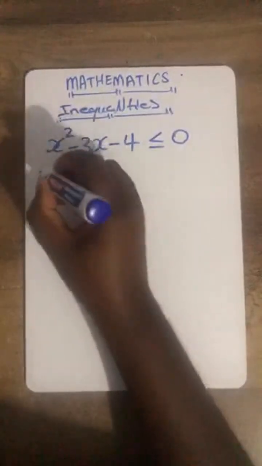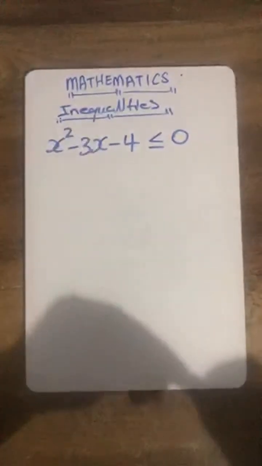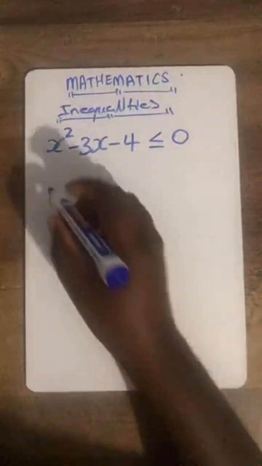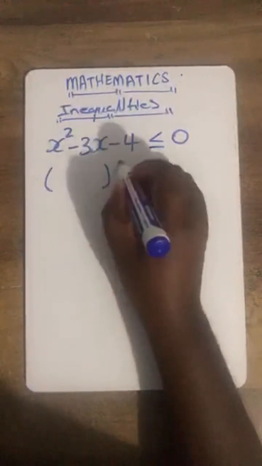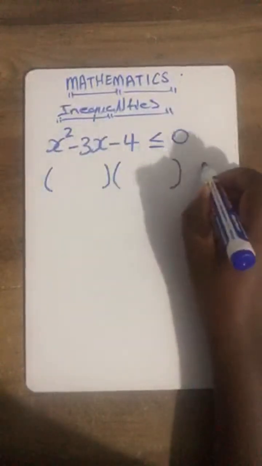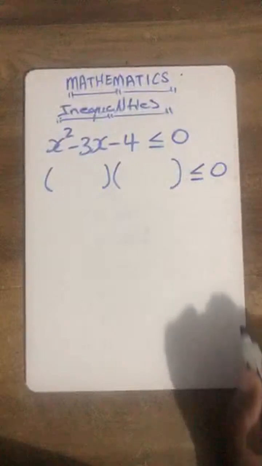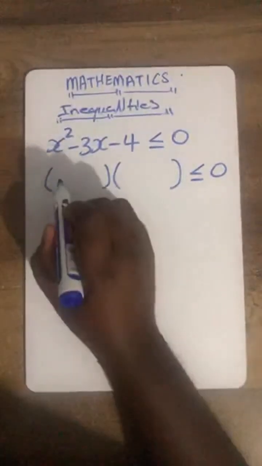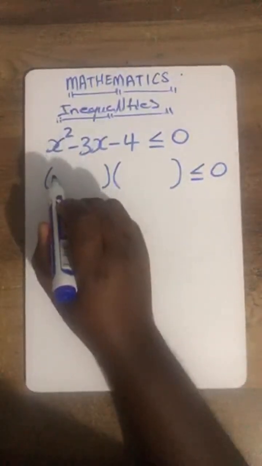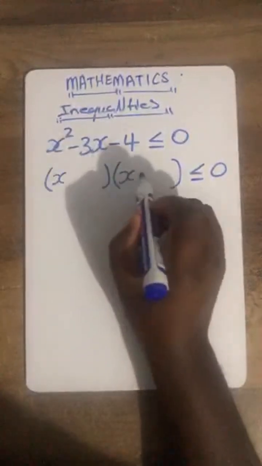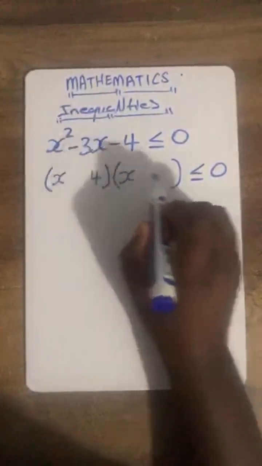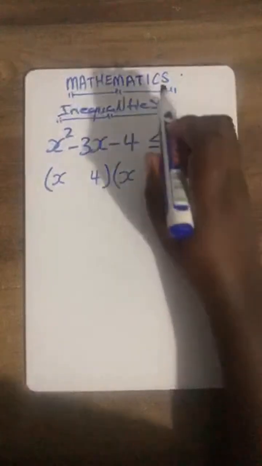So let's try to factorize that. It seems like I took the wrong marker there. So to factorize, remember you are still having less or equal to there. You therefore have your x and your x. In factorizing that, you can say you're having 4 and not 3 but 1.